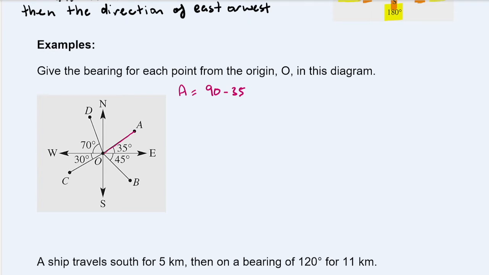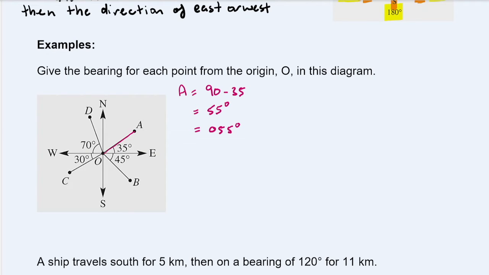So if we take 35 away from that, we're going to get 55 degrees. If we want to write that as a true bearing, 055 degrees. More often than not, you'll find it ending with a T for true. We probably don't need to worry about that today because we're going to be using mostly true bearings.